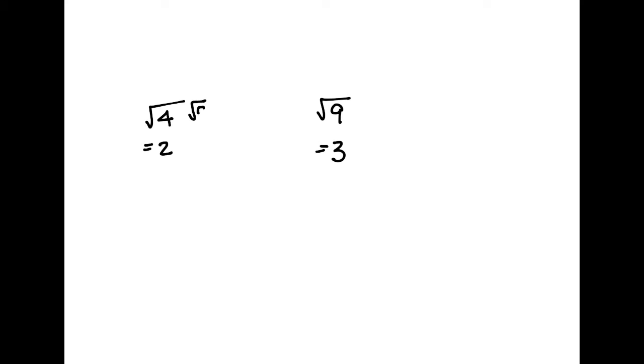There are all the numbers in between, but because this is a whole number and this is a whole number, all of these numbers in between are going to be decimals or fractions. So we'll get to those in a later unit. For now, we just want the ones that work out evenly.